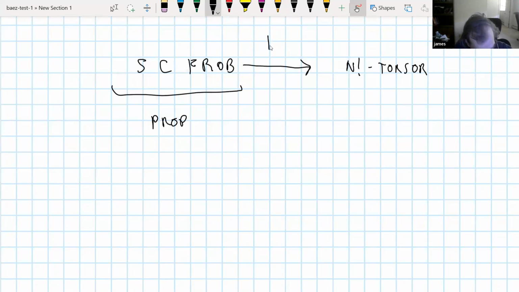Let's call it H for homomorphism. I'm writing SC Frob, special commutative Frobenius, as the name of this prop that we're interested in over on the left. And I'm just trying to figure out how to notate this prop over on the right.